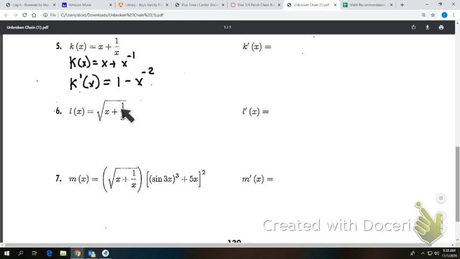Now this, how should you rewrite L of x? Let's rewrite it as parentheses x plus, I'm going to leave it 1 over x because I already know what the derivative of that is. But now it's raised to a 1/2. Everybody agree?